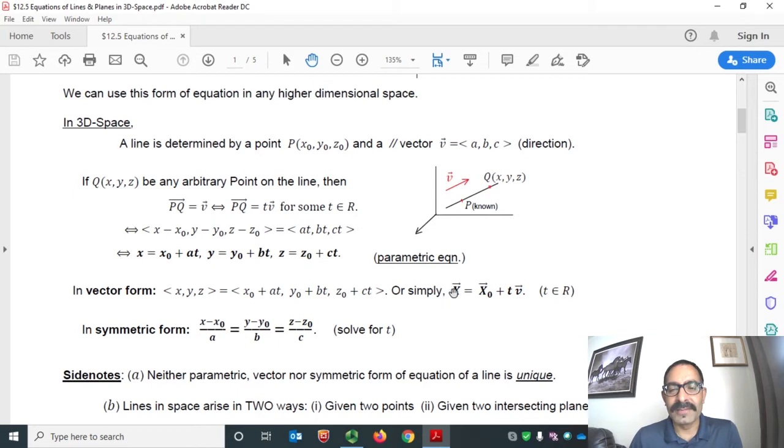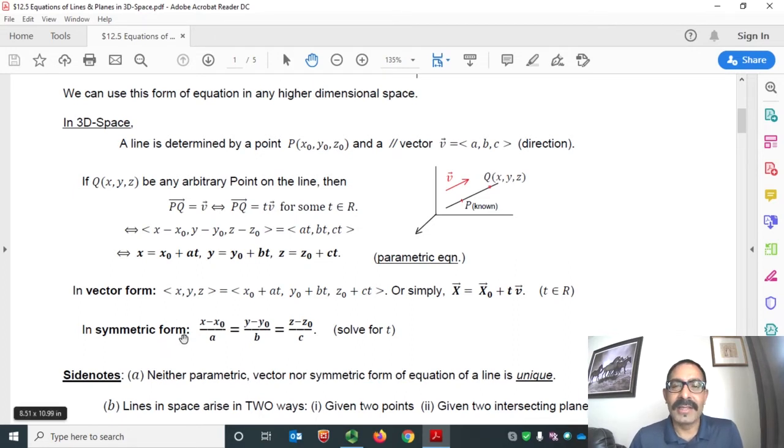So here x vector is the position vector of Q, x0 vector is the position vector of P, and this t is the constant here, and v vector is the given vector which is parallel to the line. I hope this makes sense to you all.